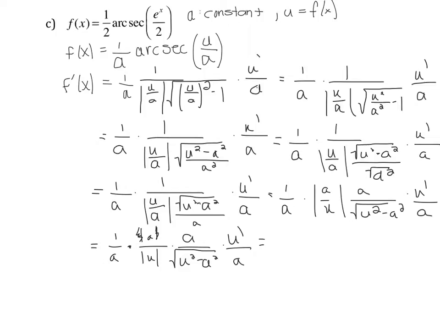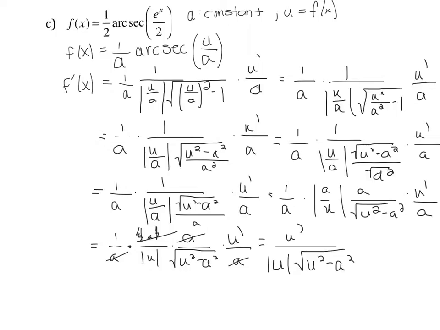So really now what we have is a times a on top and a times a on bottom, so these are going to cancel. And you end up with u prime over the absolute value of u times the square root of u squared minus a squared.